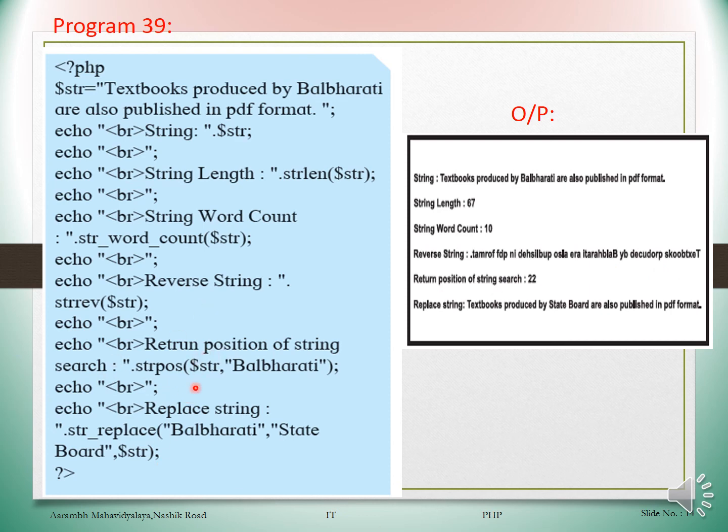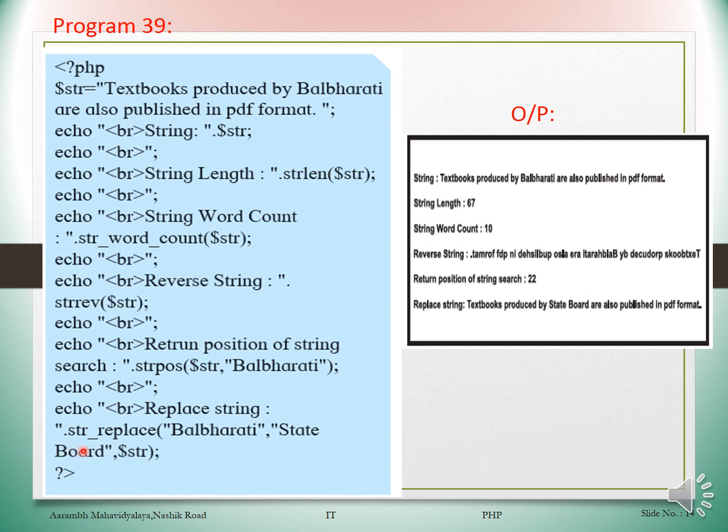Next one is string position. Here it returns the position of the string searched, and the search string is Balbharati. We have to find the position of Balbharati, and it is at the 22nd position, therefore the output is 22. Then in the next example, replace string, in which Balbharati is replaced by Stateboard.